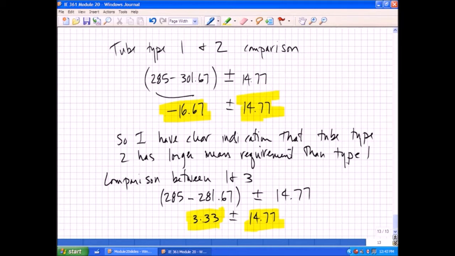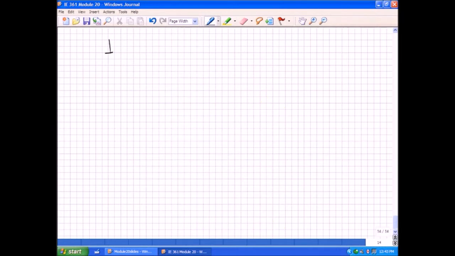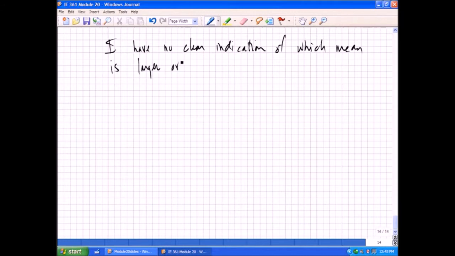and thus at the end of the day I have no clear indication of which mean is larger, or even if they are different.